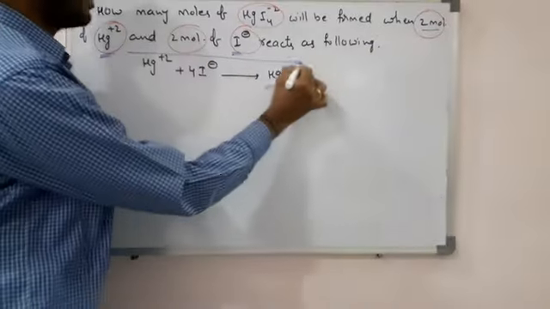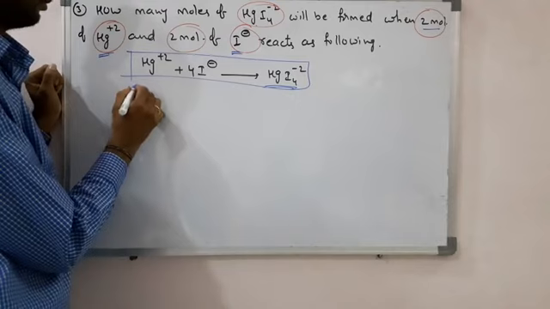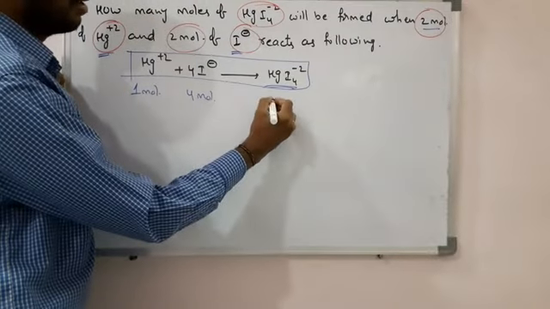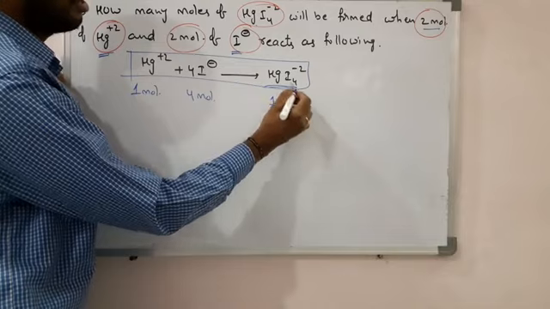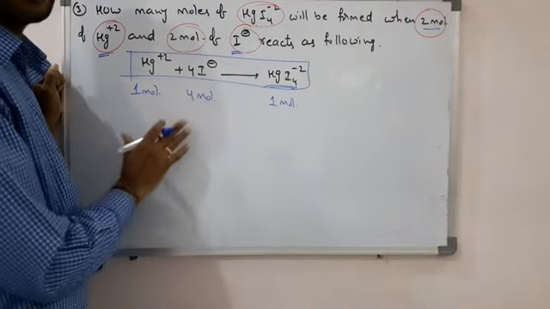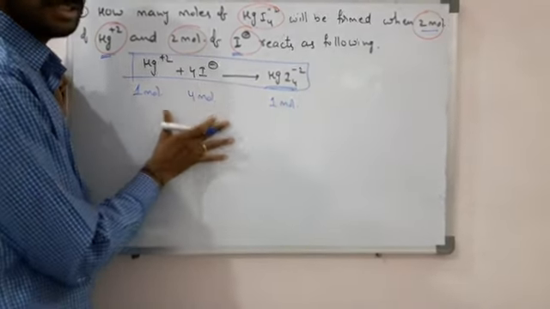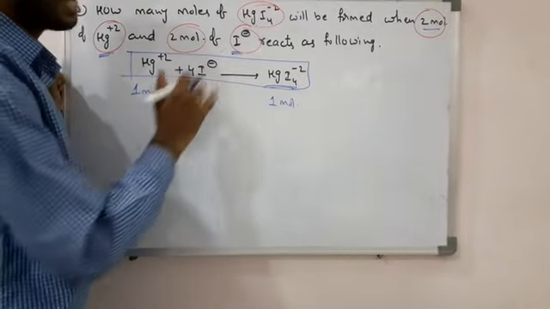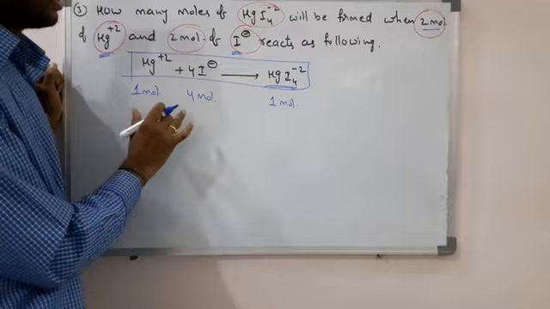In the given balanced equation, 1 mole of Hg plus 2 reacts with 4 moles of I minus, forming 1 mole of HgI4 minus 2. This is the basic one for this reaction, so we need to compare the given values with it.